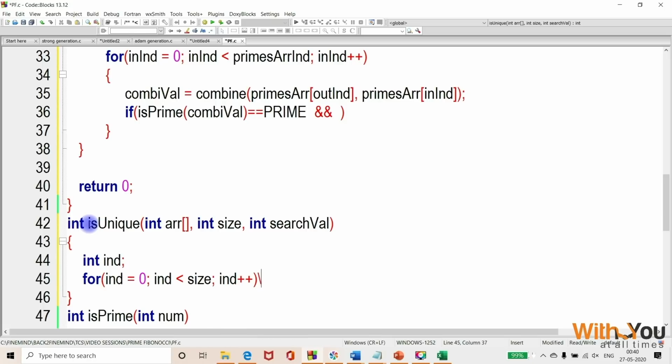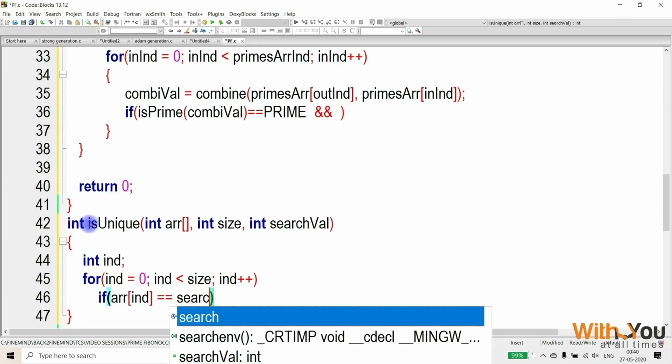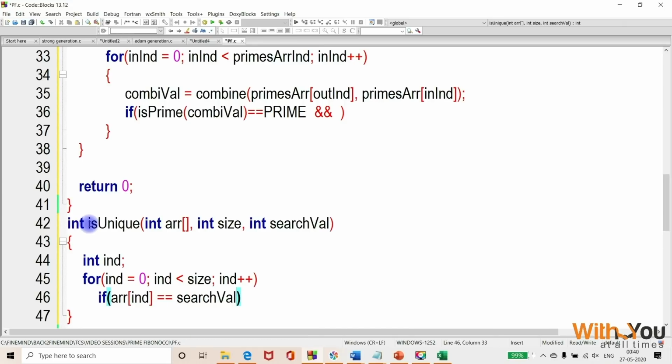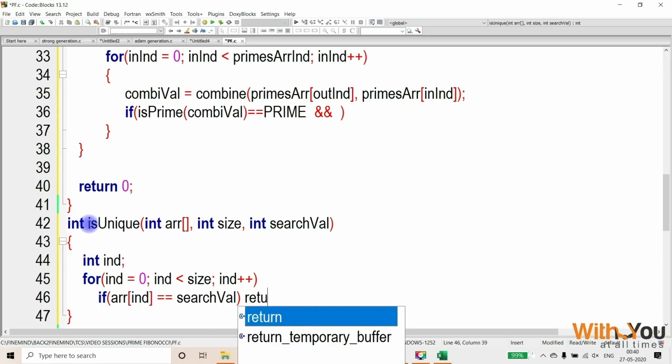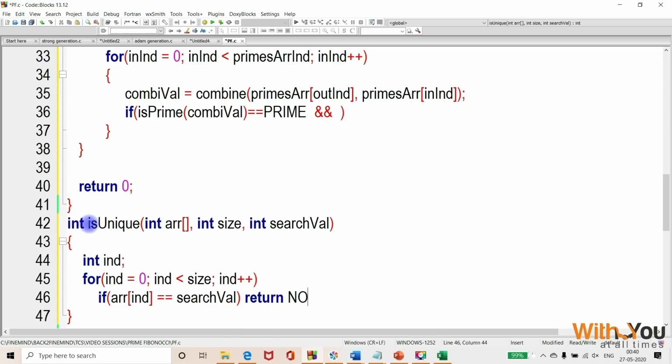And if ARR of IND is equal to search val, what do you mean it is equal? It means that value is already there. Then all you have to say is return not unique.